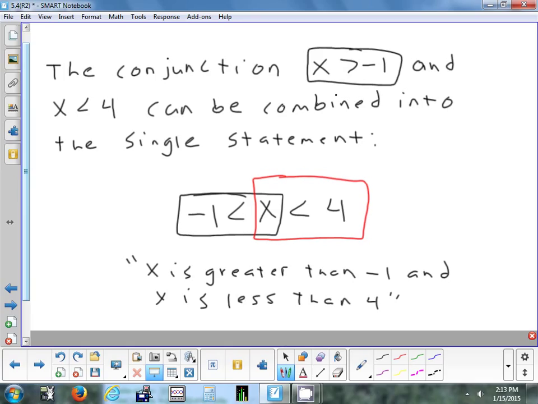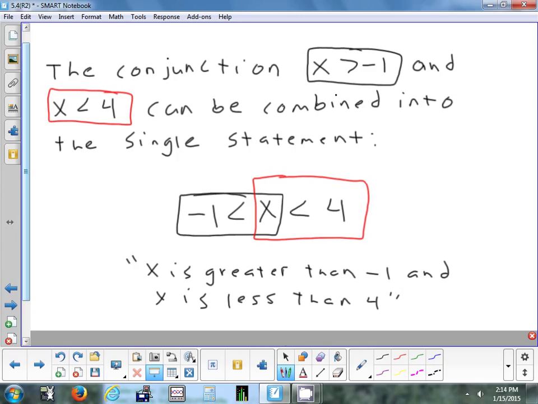Did anybody see where that is? It's a 4. Where is it though? At the end. You see where it came from? Right here. So you can see where those two things are all smushed together. But we're going to show you how you separate them.